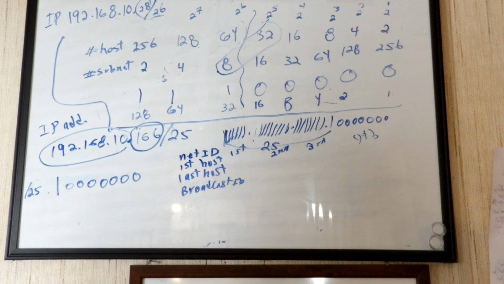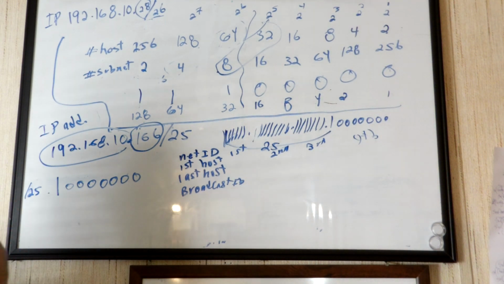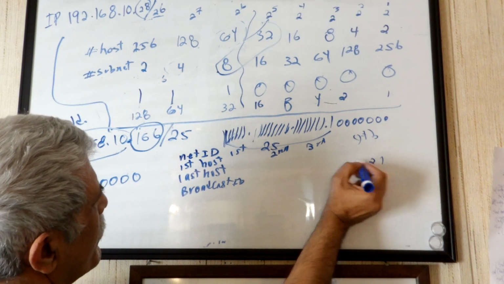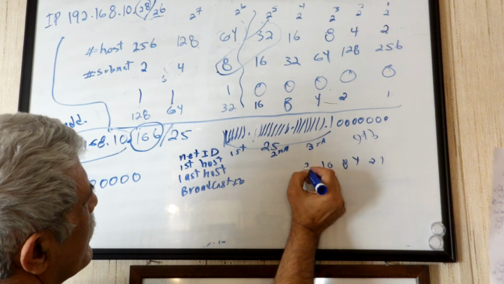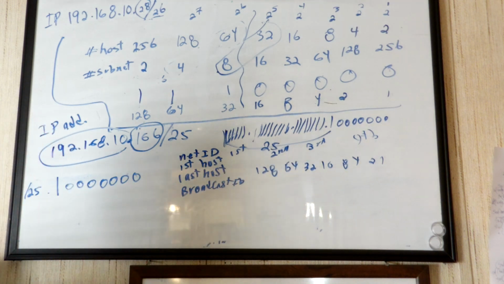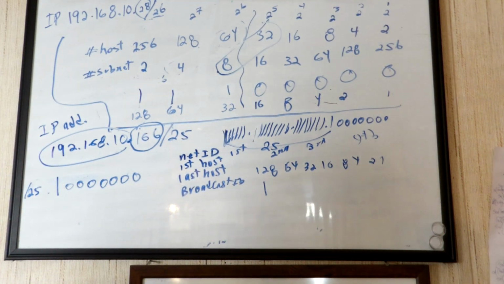166 is going to be, okay, say 128 here. 8, 16, 32, 64, 128. It's 166. You take 128 and deduct to see how many would be left.